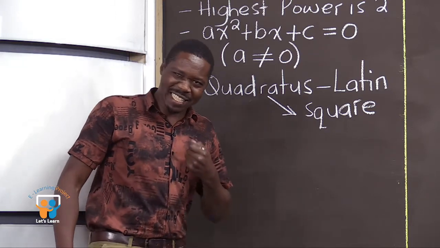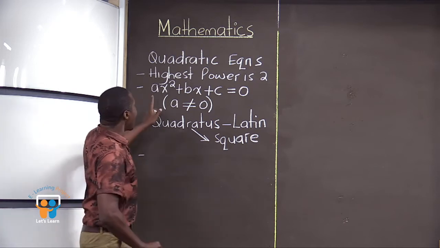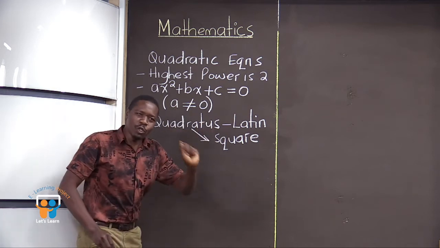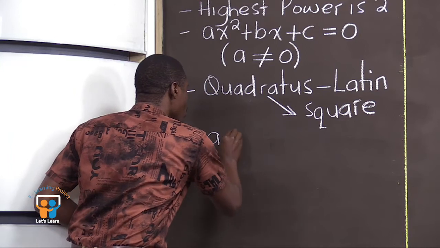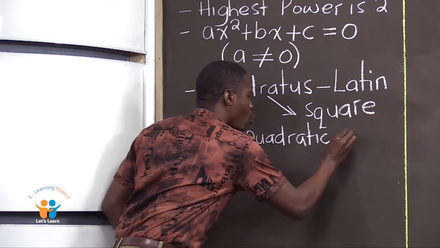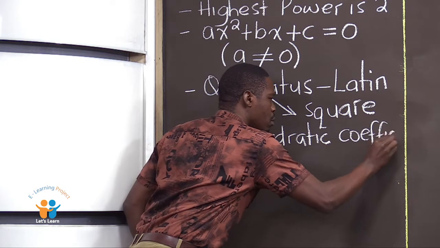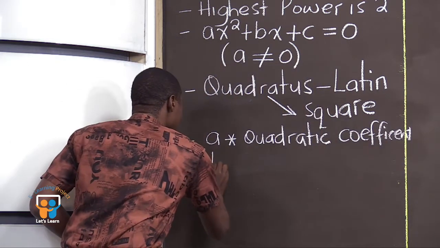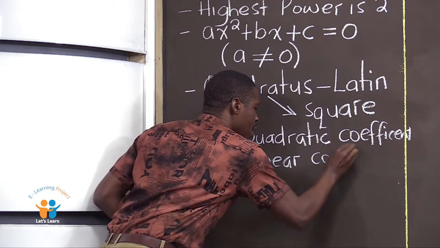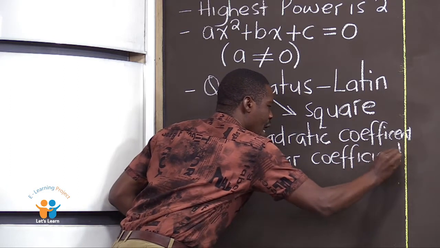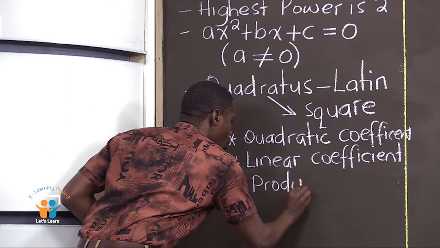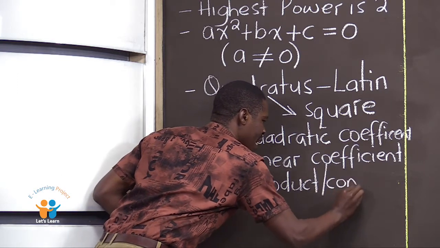We also need to know, Mr. Examiner, that after writing ax squared plus bx plus c equaling 0, where a is not equal to 0, a is known as the quadratic coefficient, while b is known as the linear coefficient, and c is known as the product, or you can call it the constant.